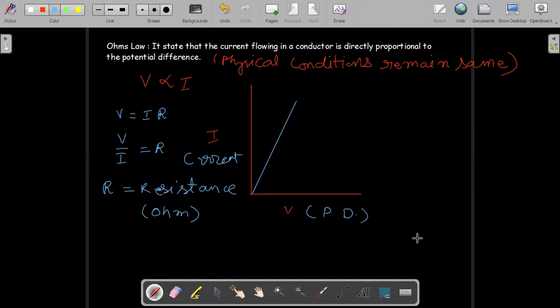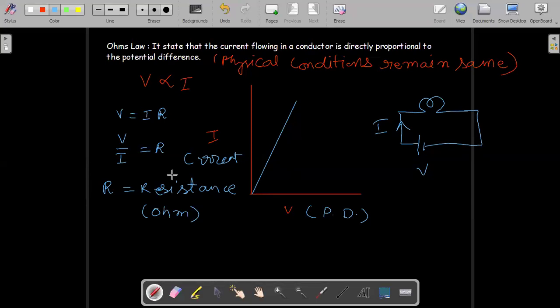So if we consider a simple circuit like this, consisting of a cell or a battery and a bulb, the potential difference will be directly proportional to the current flowing here. Got it? Sir, what are the physical conditions that will remain the same?